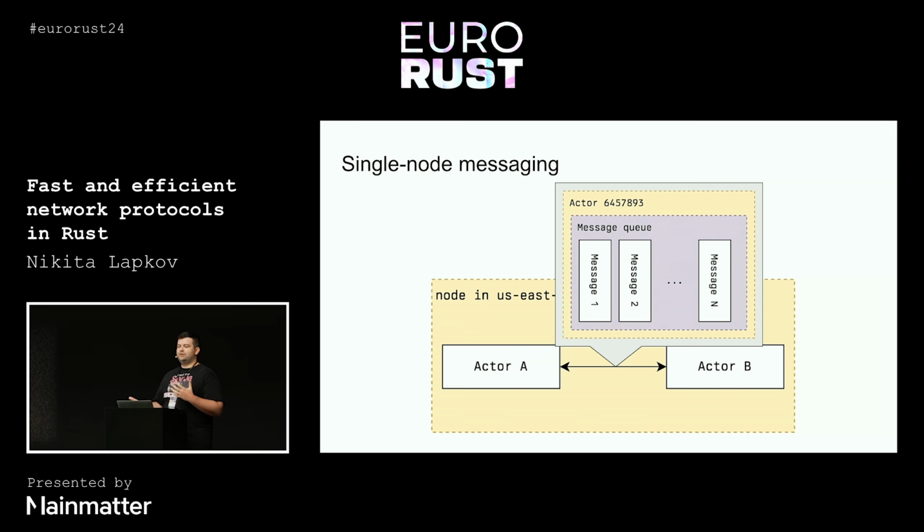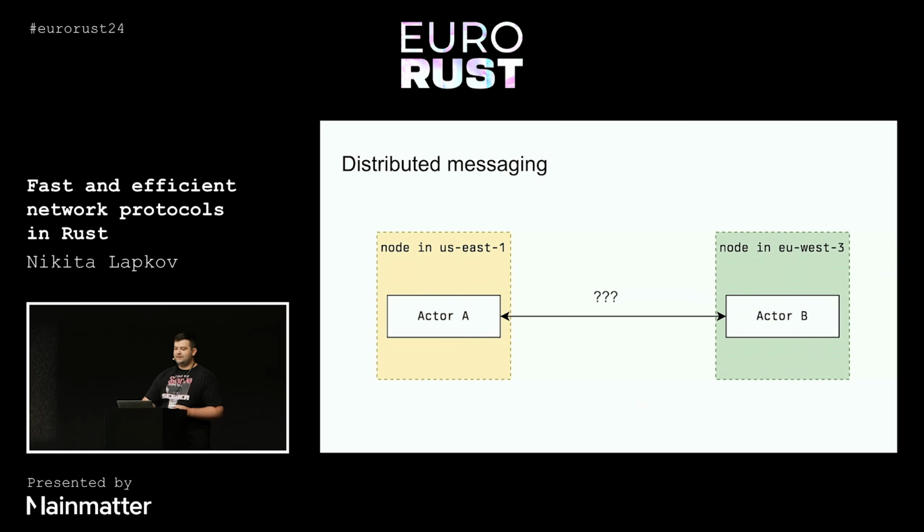So basically, each actor has a channel inside of it, which we call a mailbox. And every time we want to send a message to an actor, we put a message inside the mailbox, and then the actor can receive a message from this mailbox. And that's how it works. So a very simple idea, but very flexible, and it served Elfo really well.